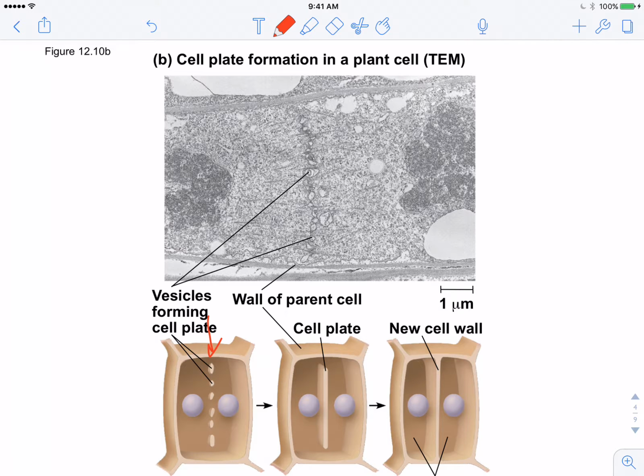The vesicles fuse with each other, and you get a cell plate. So it's a piece of new cell wall contained within a vesicle. The vesicle becomes part of the membrane of the cell, and eventually the cell plate forms in between the two daughter nuclei.